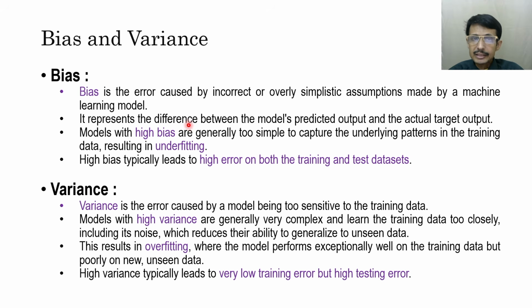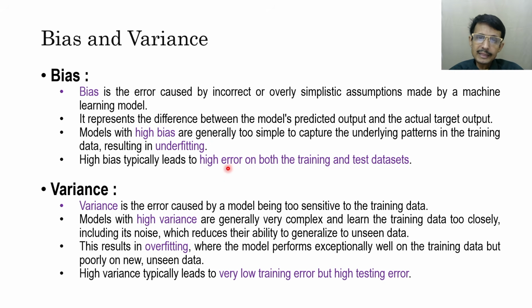It represents the difference between the model's predicted output and the actual output. A model with high bias is generally too simple. That means, in our example, it fails to capture the underlying patterns in the training data, resulting in underfitting. So high bias means an extremely simple hypothesis function or decision boundary, so that it often fails to capture the underlying patterns of the training data, causing underfitting.